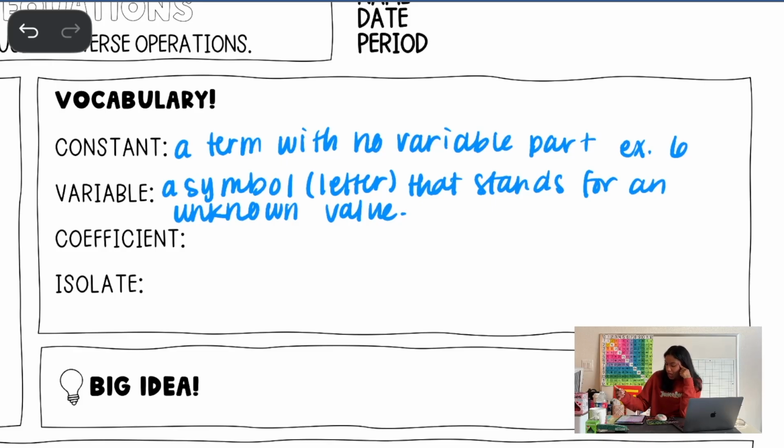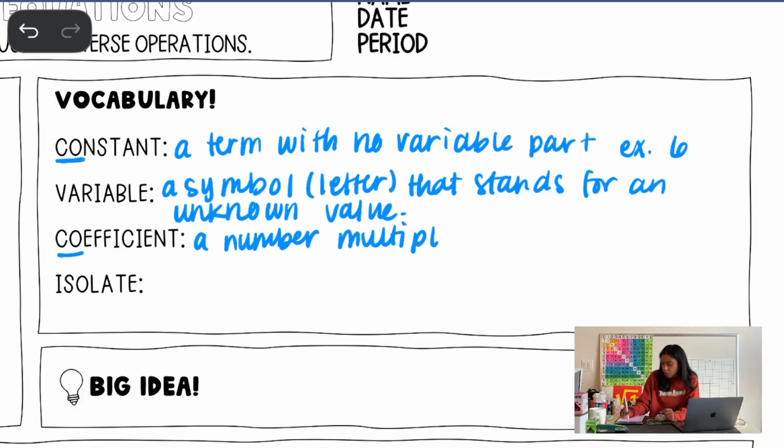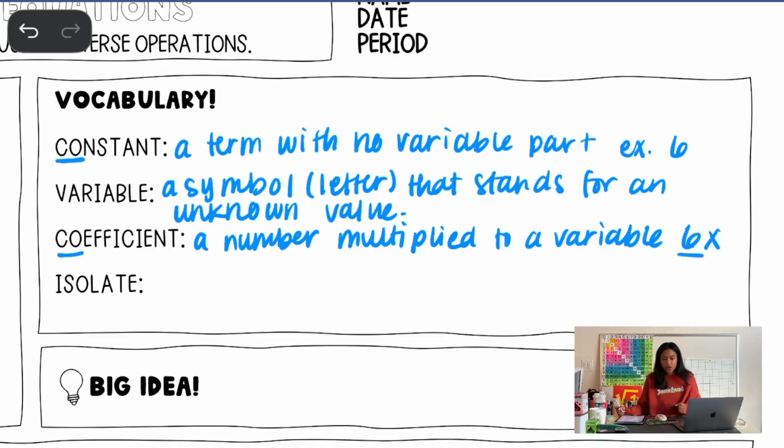I like to remember that coefficient starts with CO the same way that constant starts with CO. So a coefficient is a constant, but it's a constant that's multiplied to a variable. So it is a number multiplied to a variable. So in 6x, 6 is the coefficient there. I use the same number there because I do want you to remember that it can be a constant.